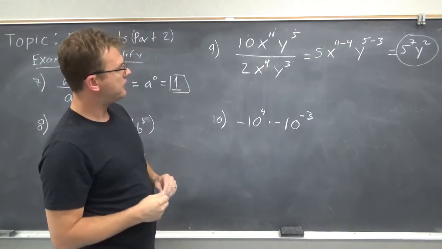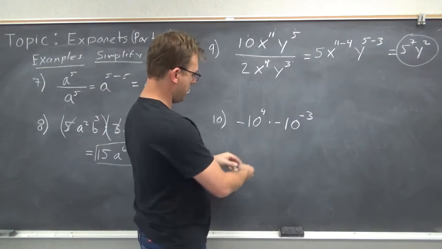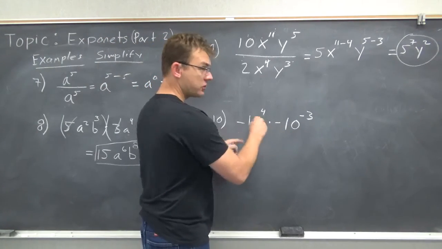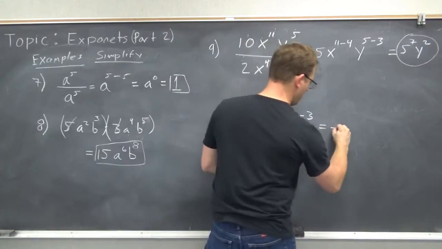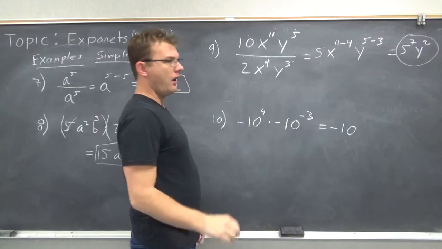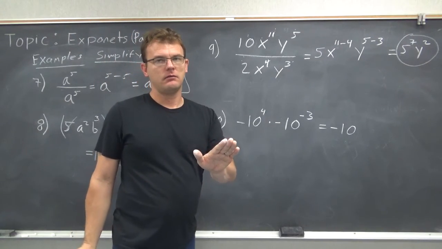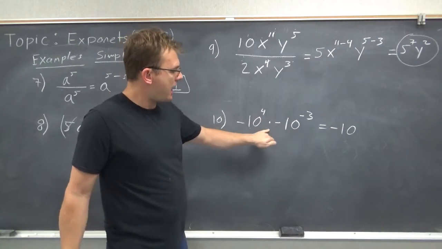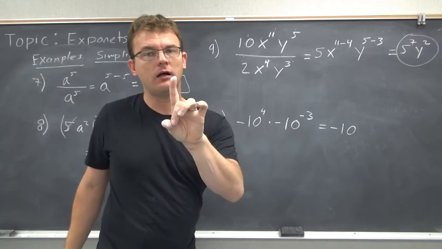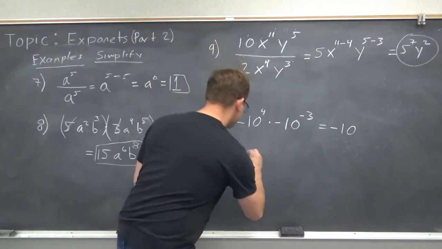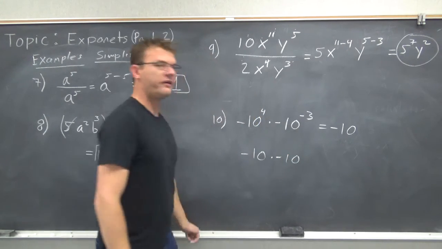Look at this one, 10. Well, it's multiplication. Negative 10 and negative 10. Those are still the same. So, negative 10. But you're probably going to say, wait a minute. Isn't negative times a negative a positive? You are correct. But only for that.